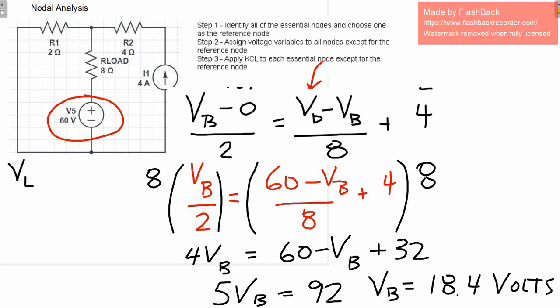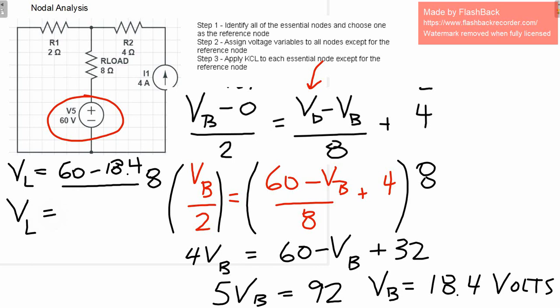Remember, VD is 60 volts. So if we want to find the load voltage, we're actually going to have to take 60, which is VD, subtract VB, that would be the drop across the load. Divide that by the resistance of the load, and that would give us the current.